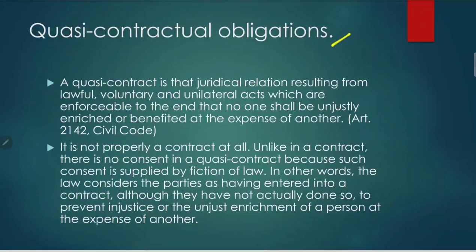A quasi-contract is that juridical relation resulting from lawful, again, we would like to emphasize lawful, voluntary, and unilateral. Pag sinabi natin unilateral, one party lang yung nag-act, which are enforceable to the end that no one shall be unjustly enriched or benefited at the expense of another.